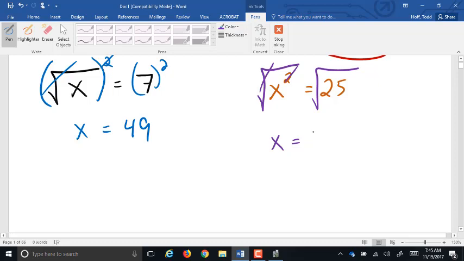What's the square root of 25? 5 or negative 5. Negative 5 squared would also equal 25. Exactly. Negative times negative is a positive. So there's two possible answers there. If you just gave one of them on a quiz, I'd be okay with it.